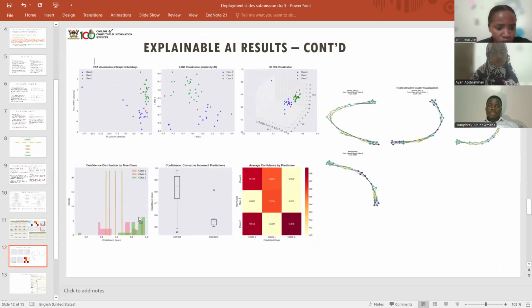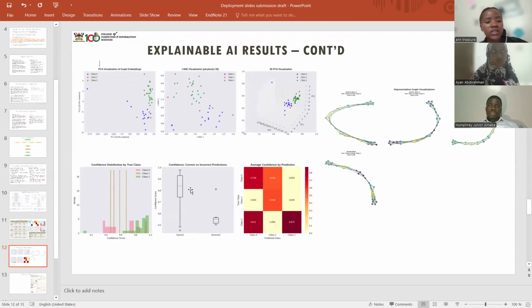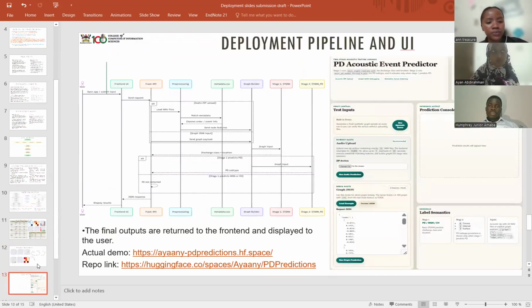So the confidence distribution, we see that this model in general tends to do well in the surface discharge, but there's a bit of difficulty with the internal and corona discharge, mainly due to the smaller data set and the lack of quality pseudo labels, since we also had a threshold in determining which pseudo labels to use by the confidence.